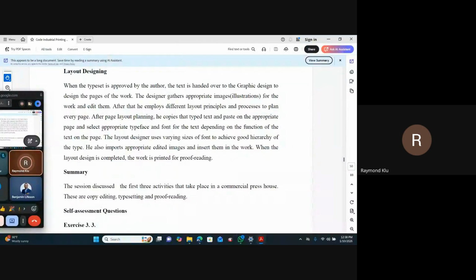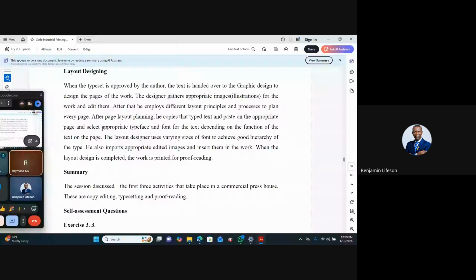After page layout planning, he copies the typed text and pastes it on the appropriate page and selects an appropriate typeface and font for the text, depending on the function of the text on the page. The layout designer uses varying sizes of fonts to achieve good hierarchy of the type. He also imports appropriate edited images and inserts them in the work. When the layout design is completed, the work is printed for proofreading.